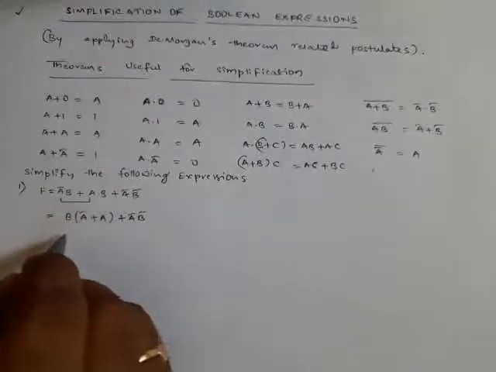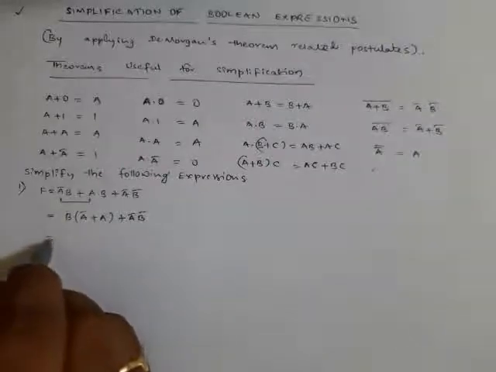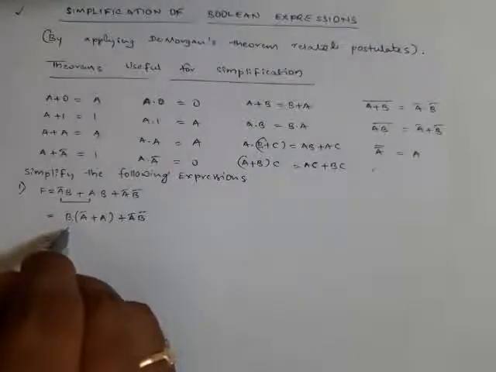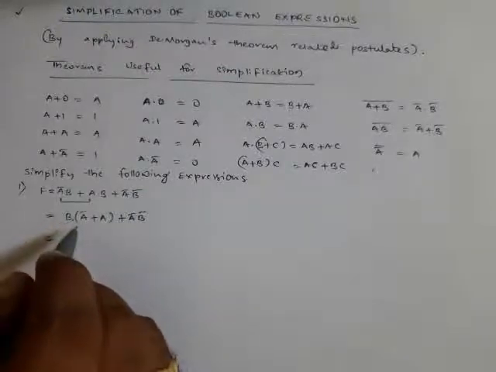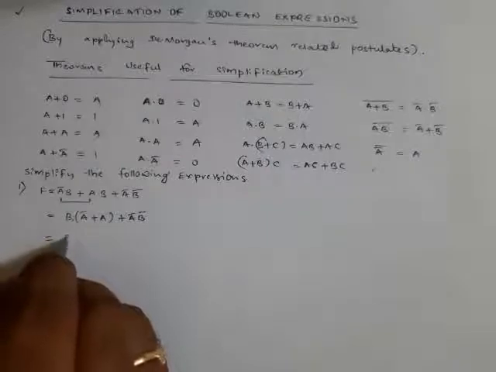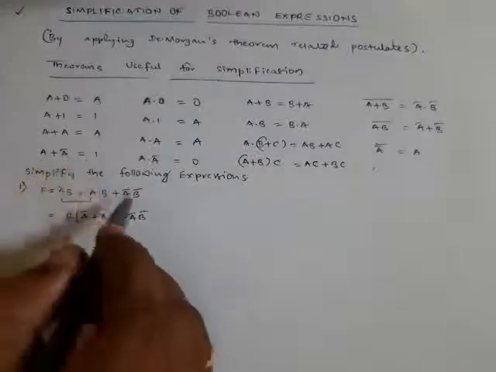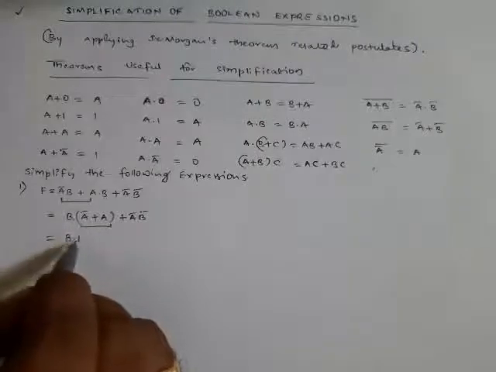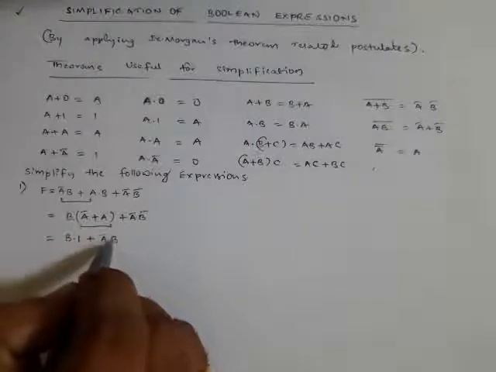So the expression becomes this, and here you can see that it is b dot actually. When there is nothing written between terms, you can assume it is an AND operation, or dot. So this can be written as b dot, and from the theorem a plus a bar equals 1, this equals 1. So it is written as 1, plus we write the remaining term as it is, a bar plus b bar.